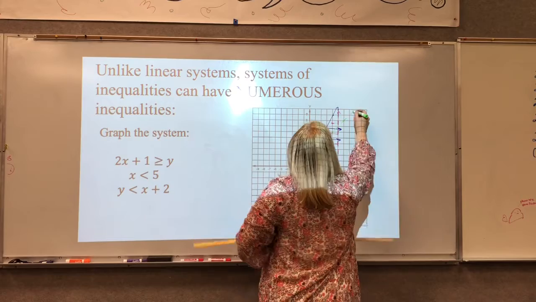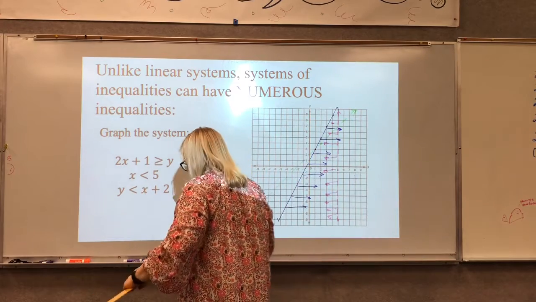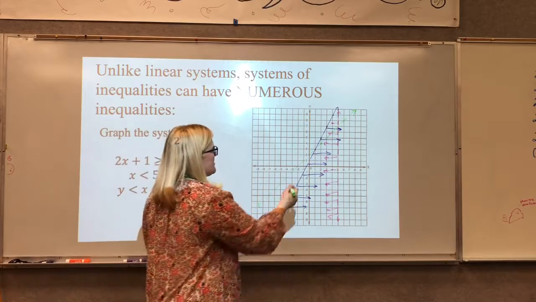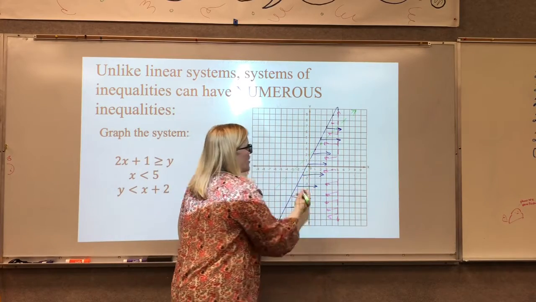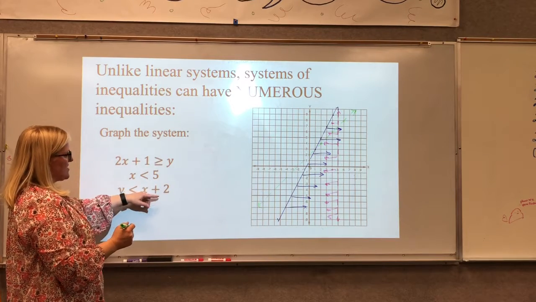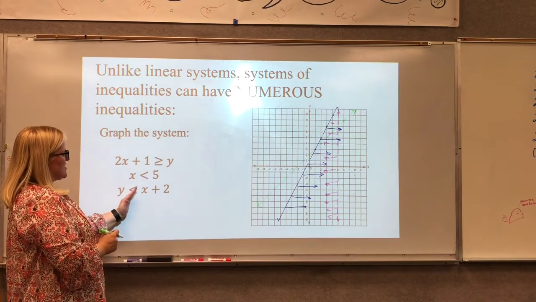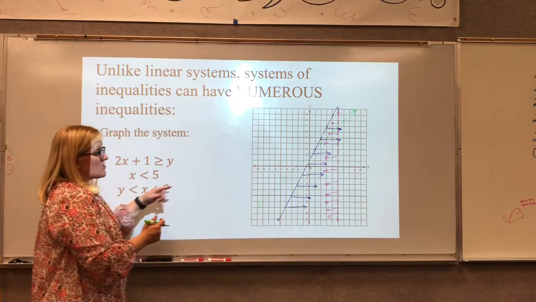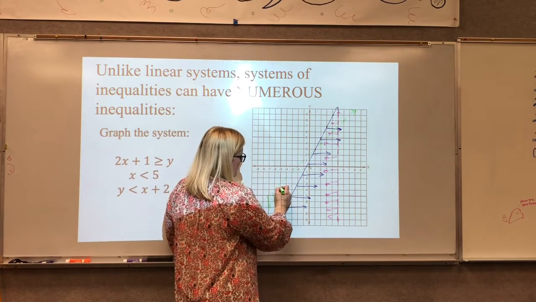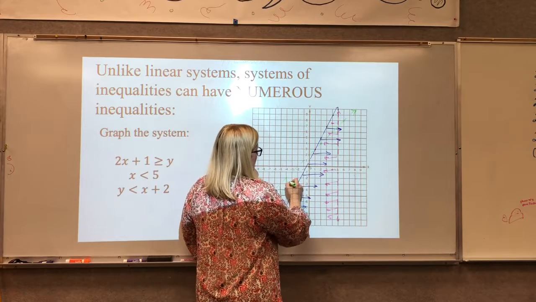Okay, so I've got a dotted line. Is 0 part of this one? So let me see. Is 0 less than 2? So is 0 less than 0 plus 2? And it is, so 0 is included in this one too. So that means everything on this side of the line.